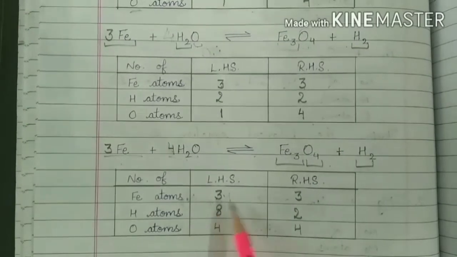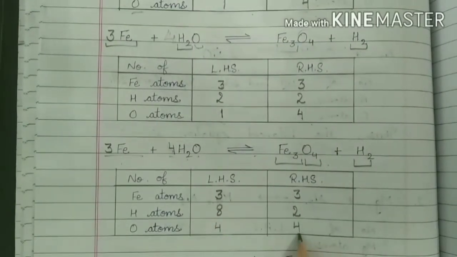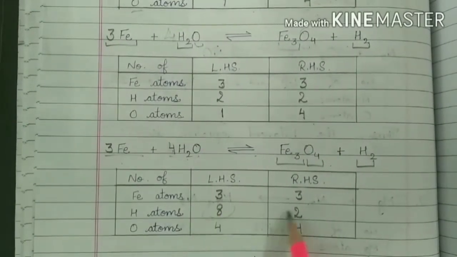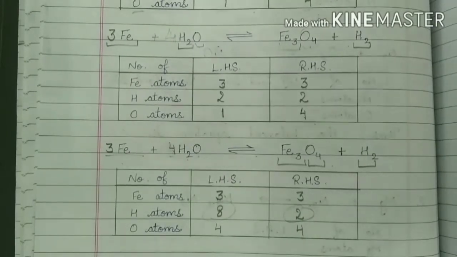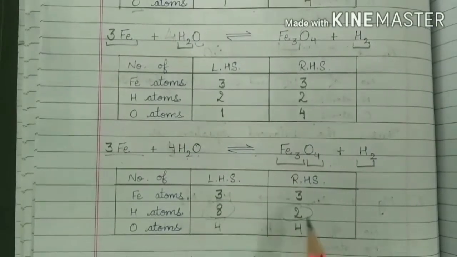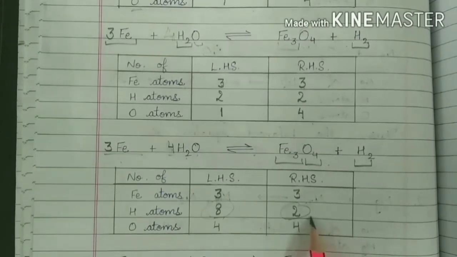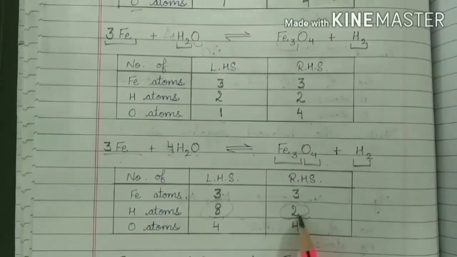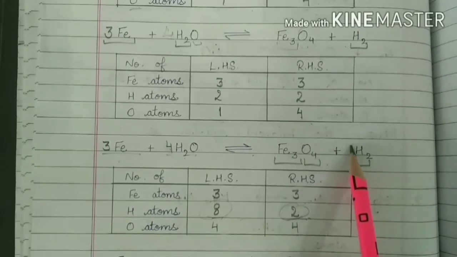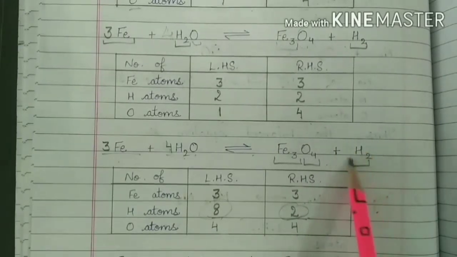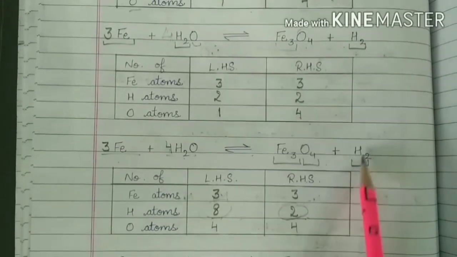Now here iron atoms and oxygen atoms are equal, but the number of hydrogen atoms are not equal. Hydrogen on the left hand side is 8 and the number of hydrogen atoms on the right hand side is 2. So to balance it, we need to make this 8 as well. If we put 4 in front of H2, then 4 2s are 8 hydrogen atoms will become.